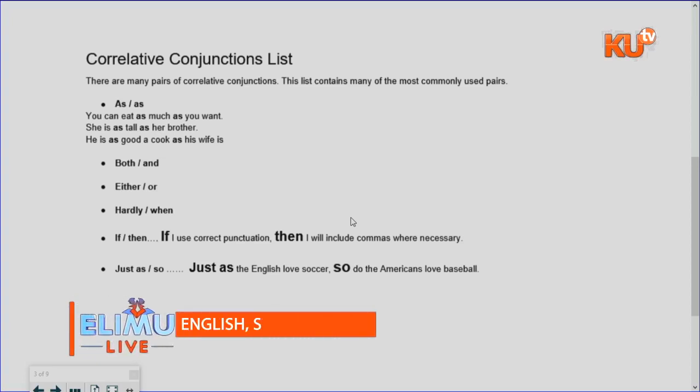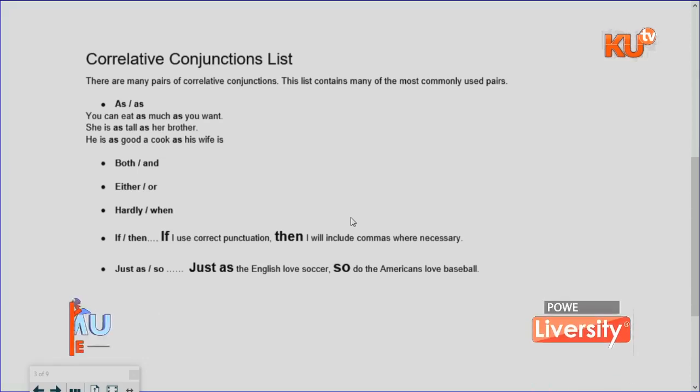Our next pair of correlative conjunctions that we are going to have a look at is both and. Both and joins two phrases, joins two clauses, or joins two words.